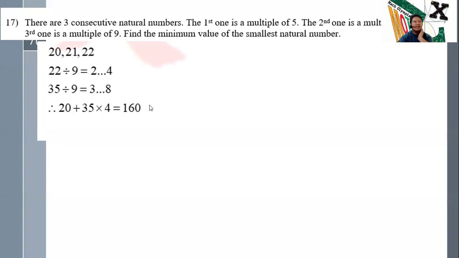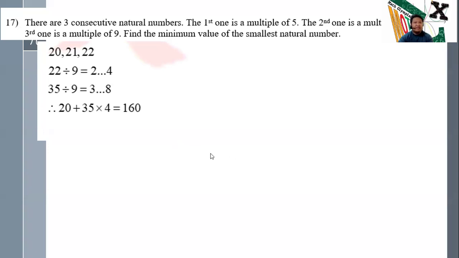So how do we try to find that one? Again, consecutive. As you can see, it's a little bit of a guess and check for this one. So we have 20, 21, and 22 is not possible because the third should be a multiple of 9, right? So how do we find the smallest number that will satisfy this scenario?